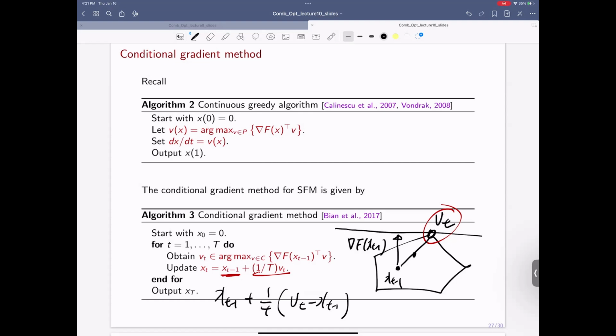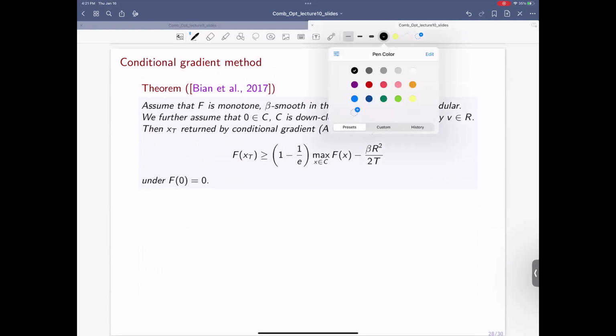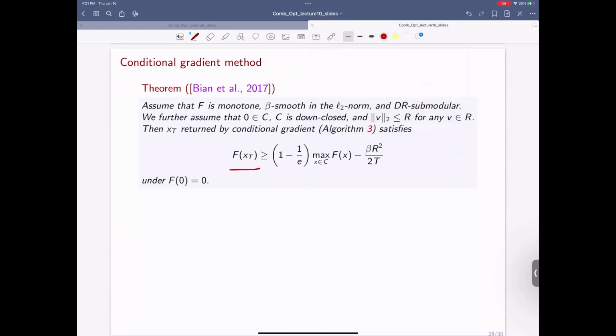All right. Okay. So then you can prove this result. So this is nice. I mean, at least this is nice to me. You compute the final solution and you measure its value. It's at least a 1 minus 1 over e fraction of the optimal value, but there's an additive error of this term.